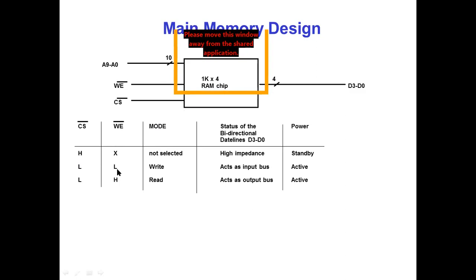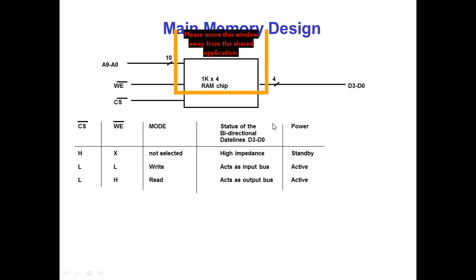Sir, CS low, sir, chip select maybe. How we can select this. Yes, you are right. This is the chip select. So if it is high, you can here see the mode of this: not selected, write or read.